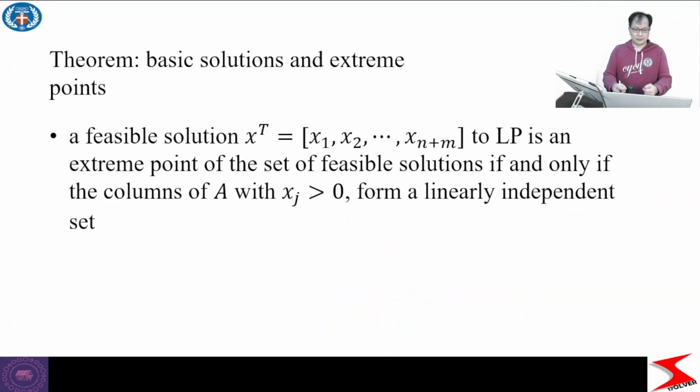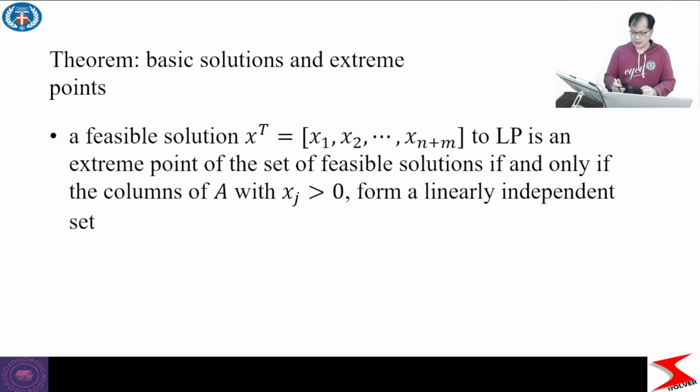so now we try to use the system of equations to get the basic solutions and to explain why extreme points will be the basic feasible solutions for the problem.